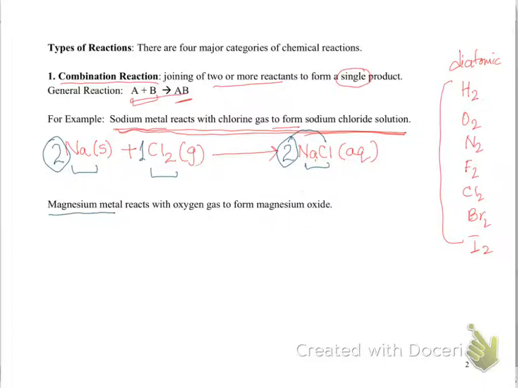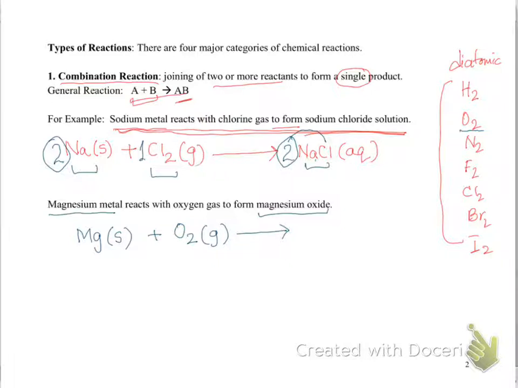Magnesium metal means Mg. Metals are solid. Reacts with oxygen gas. Oxygen is also diatomic, so put O2, gas is G. To form means arrow, and forming magnesium oxide.